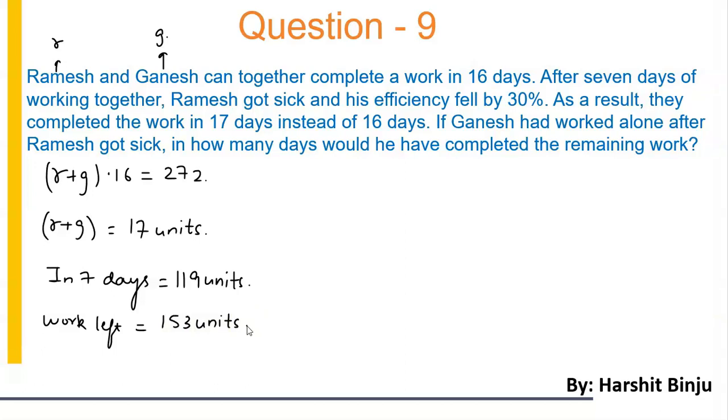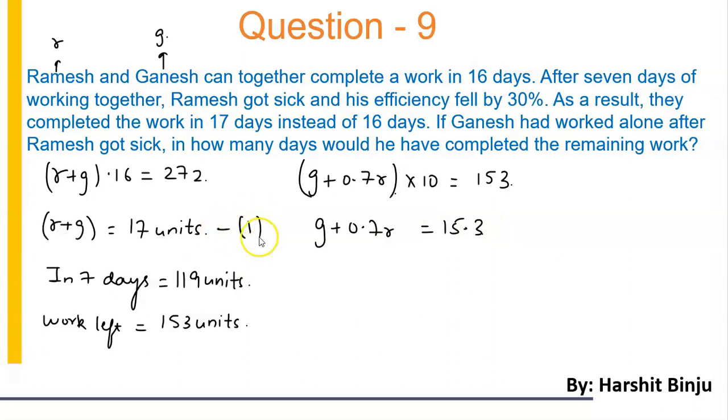As a result, they completed the work in 17 days. So if his efficiency fell by 30%, it will be G plus 0.7R into 10, because that's the remaining number of days, and that is equal to 153, because that's the amount of work which is left, right? So I can say that G plus 0.7R is equal to 15.3.